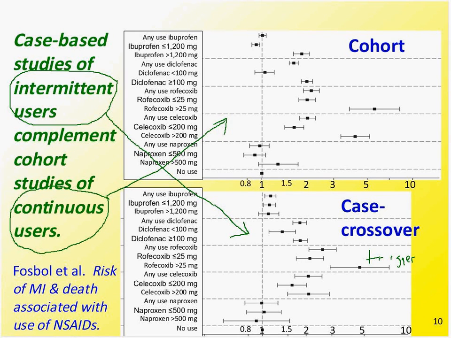The cohort can address the longer-term causation. So there's slight differences in underlying mechanisms being considered, slight differences in the representativeness of the population, and so forth.